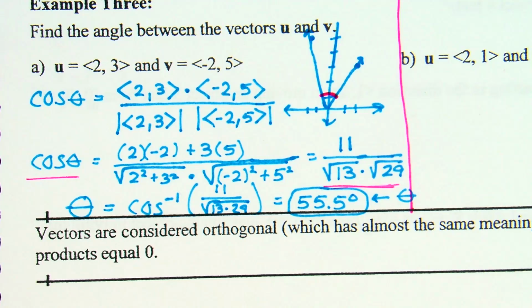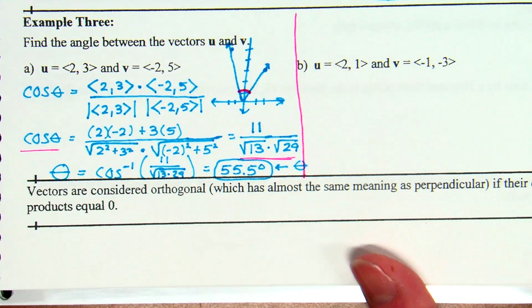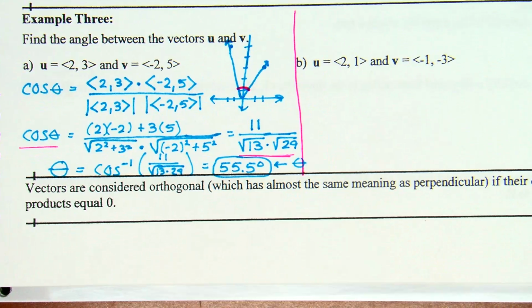Okay, let's try B then. B asks the same question, so just a little more practice. Vector U has component form 2, 1, and vector V has component form -1, -3. So again, same formula.